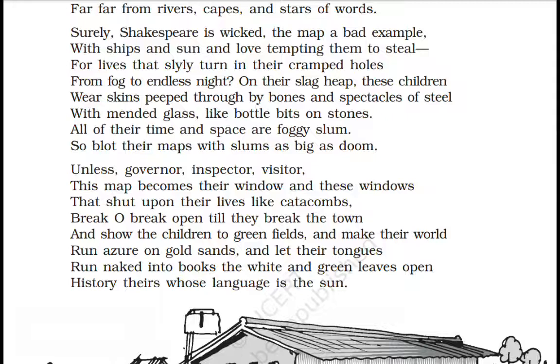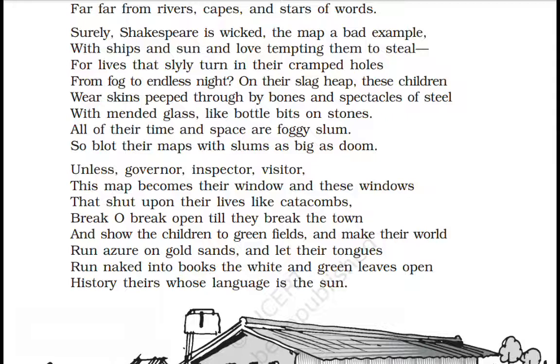Such is their life. Then the question could be asked about what is meant by spectacles of steel with mended glass like bottle bits on stones. So here also it shows the miserable condition of the children, where they do not have the basic amenities. They even have to wear spectacles which they might have got from some rich children, which are broken, and they have mended them on their own.